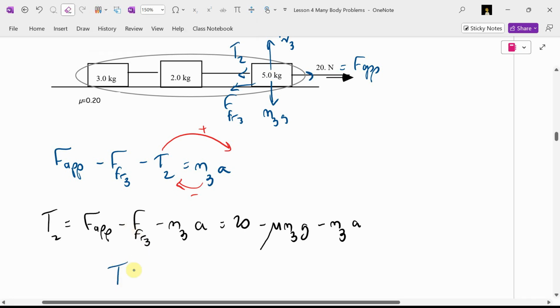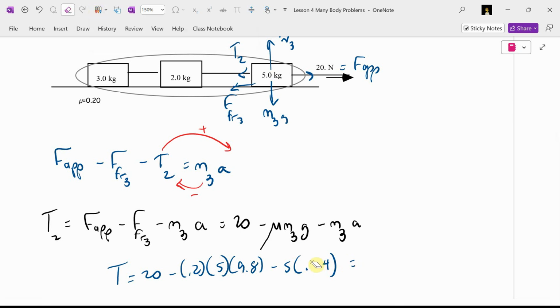Here we go. It's going to be 20 minus what's mu? 0.2, M5, g 9.8, minus 5 times 0.04, yes? That's a 0. Okay. 10 even? Yeah. Oh, these are nice. Newtons.